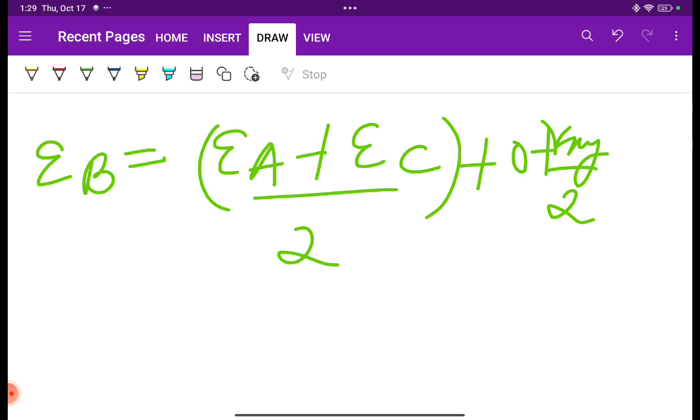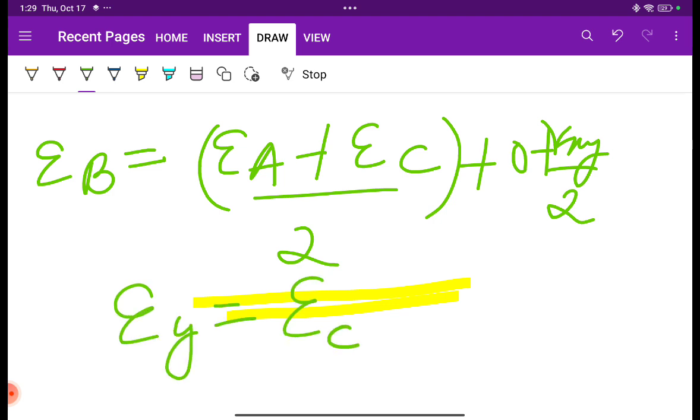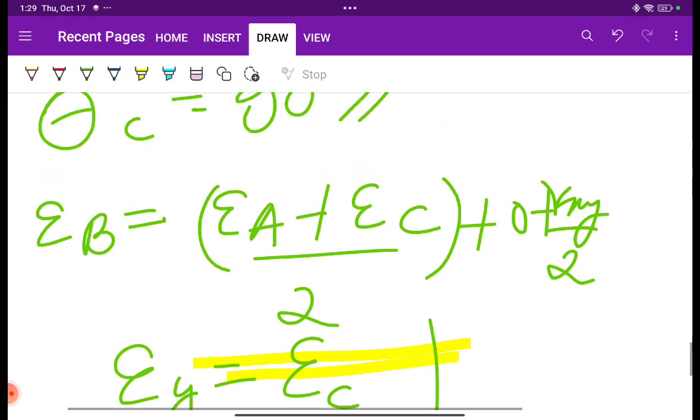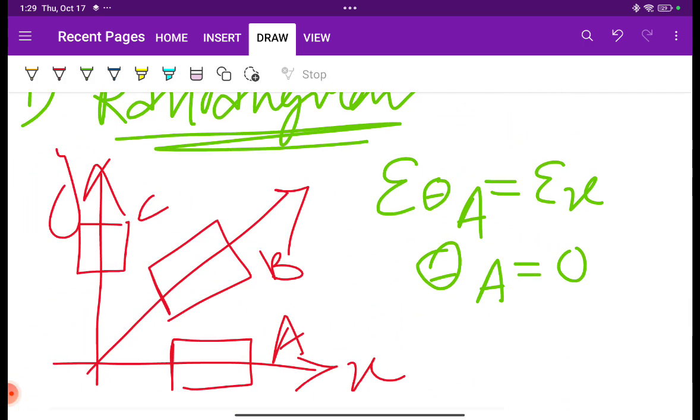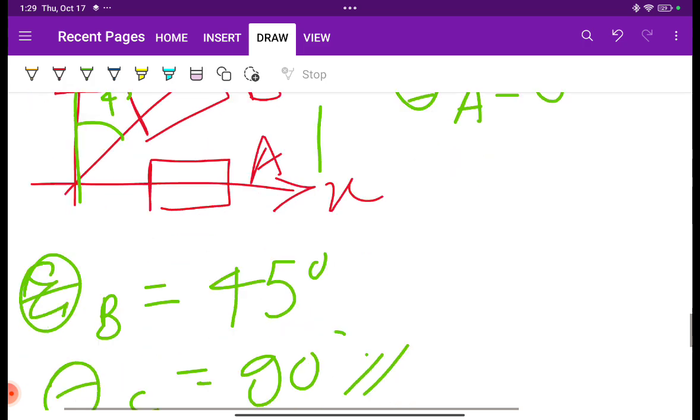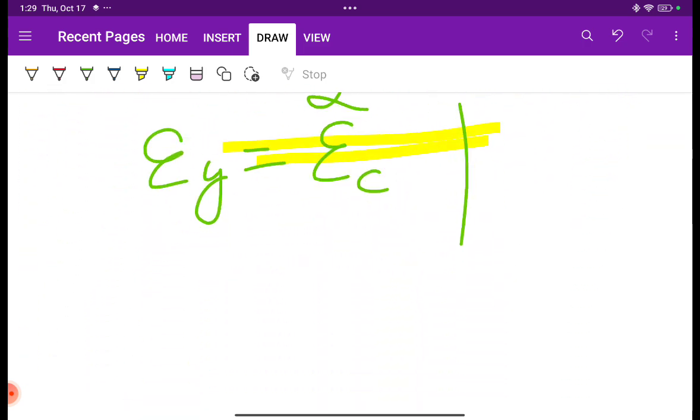So the formula becomes this for the sigma B. And by the way, sigma y is equal to sigma C, since, as you can see in the figure, it's 45 degrees, and sigma C lies on the y-axis only. So the angle between C and the y-axis is 0. So that's why sigma y is equal to sigma C.